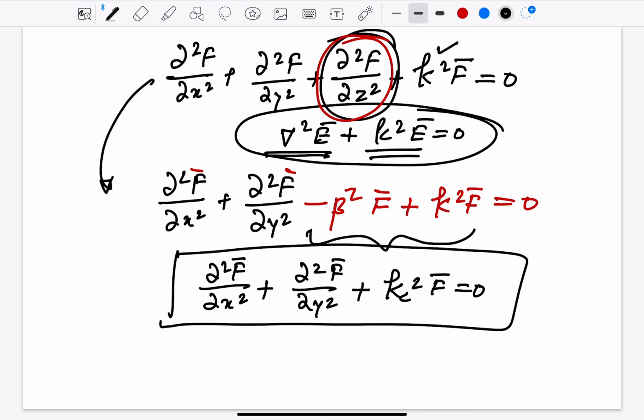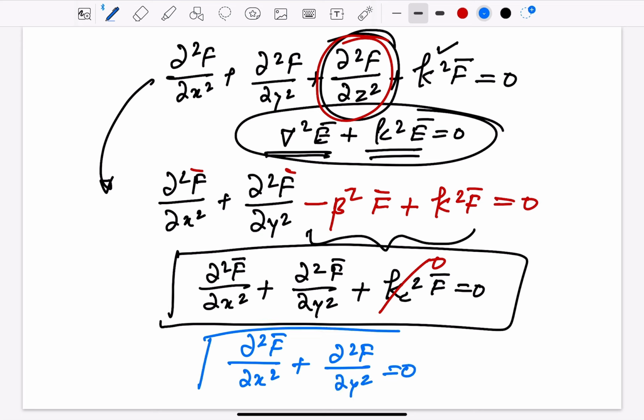Now if you recall, for the TEM wave this is supposed to be 0. So we are left with dou square f over dou x square plus dou square f over dou y square is equal to 0. Now we are all aware of what f is.